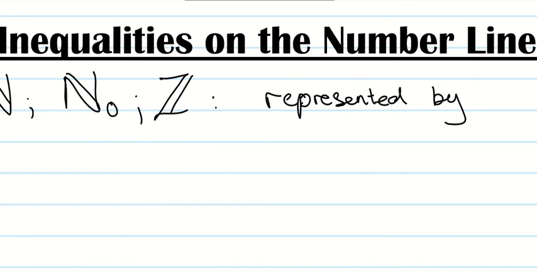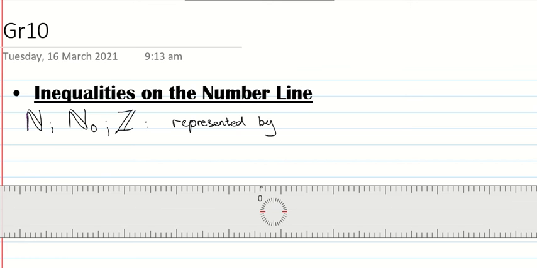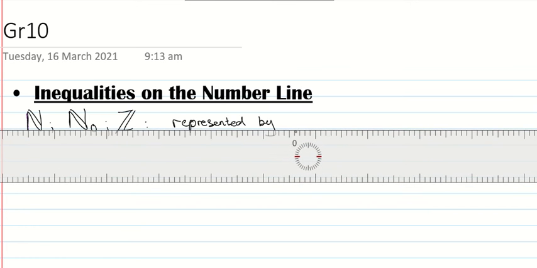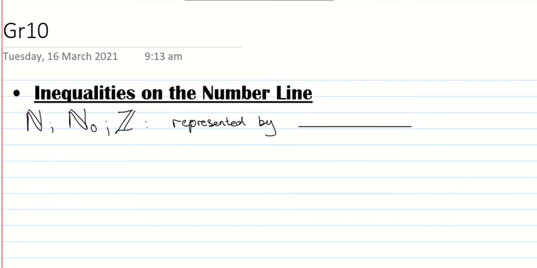by the following. All right, so you take your ruler quickly, you make a quick line there, so you represent this like that. This gets represented by dots on the line like that.